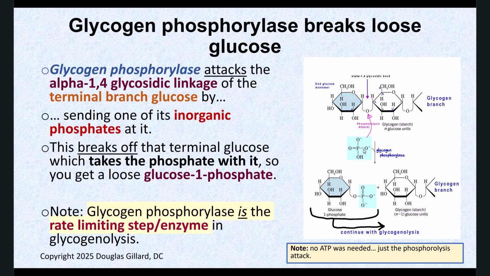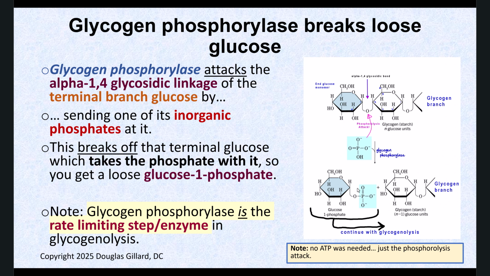And how do you attack it? Glycogen phosphorylase throws a phosphate at it, and it breaks this bond. This phosphate hits the bond, and it sticks. You can see it stuck here now, sticks to the oxygen. And then just a hydrogen and an OH are left over here.